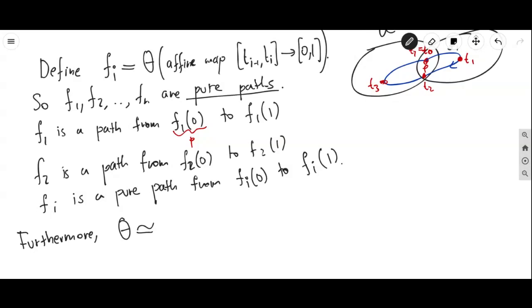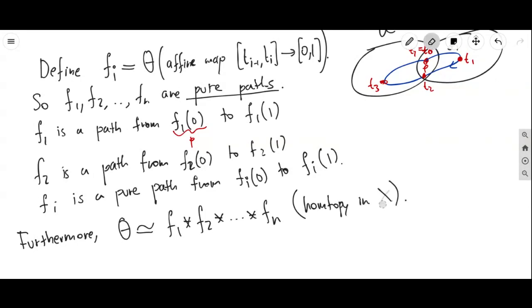So theta is going to be homotopic to the juxtaposition of these paths, and this is a homotopy in X. There's a continuous deformation from this one to this one, and the continuous deformation takes place in X, that's the entire space.